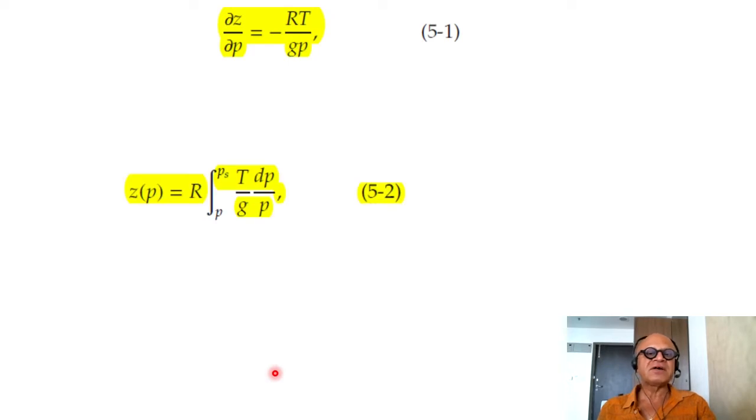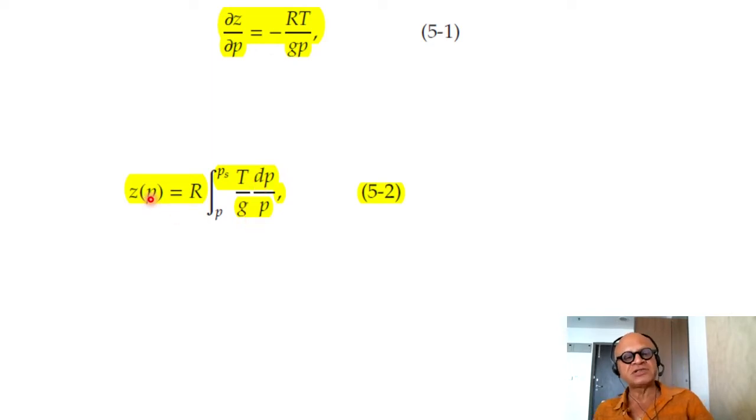So writing again dz/dp equal to minus RT over g p, z(p) here can be directly written as R times the integral, where we take the negative sign inside by flipping the direction of integration from p to p_s instead of p_s to p, of T divided by g dp over p.